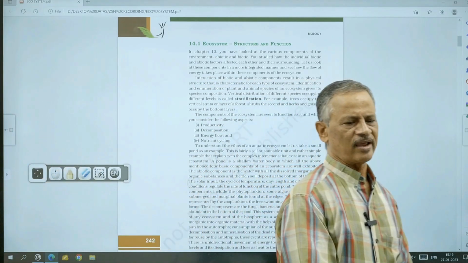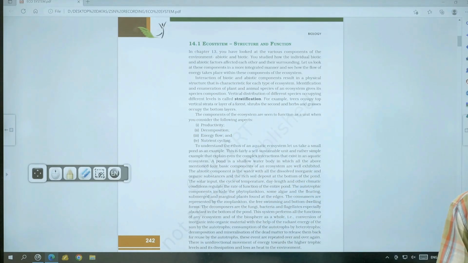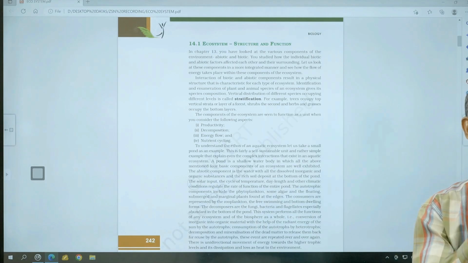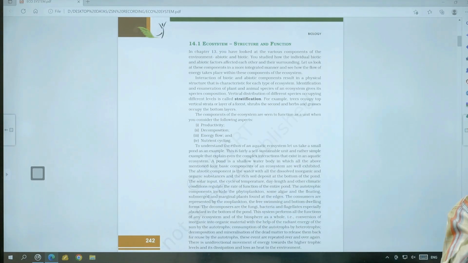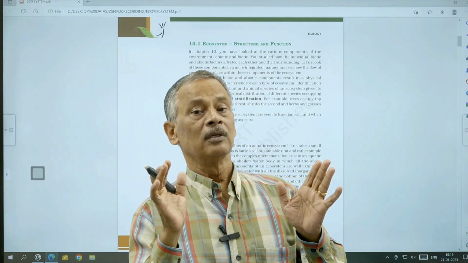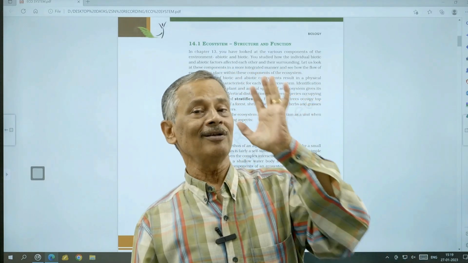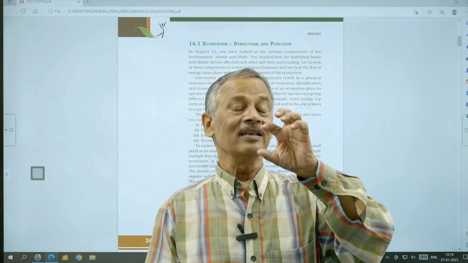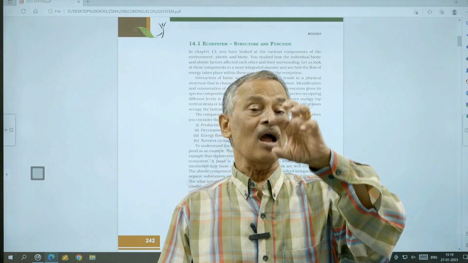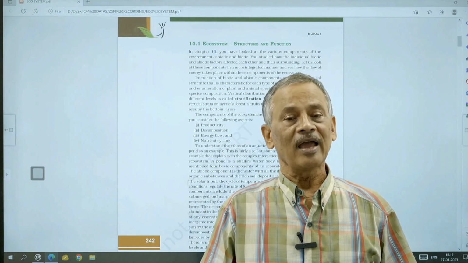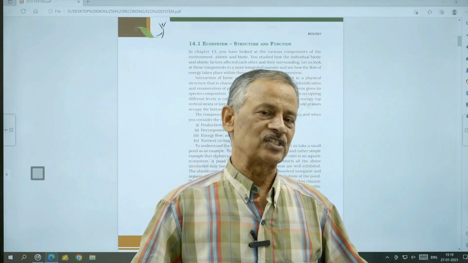And how to understand the nature of an ecosystem? The ideal ecosystem that we can take as an example for studying the basic principles involved in an ecosystem is a small pond. Why do we take a small pond? Mainly because the pond is small, so it is very easy to study. Secondly, in a pond, the factors are almost stable, comparatively stable than many other ecosystems.